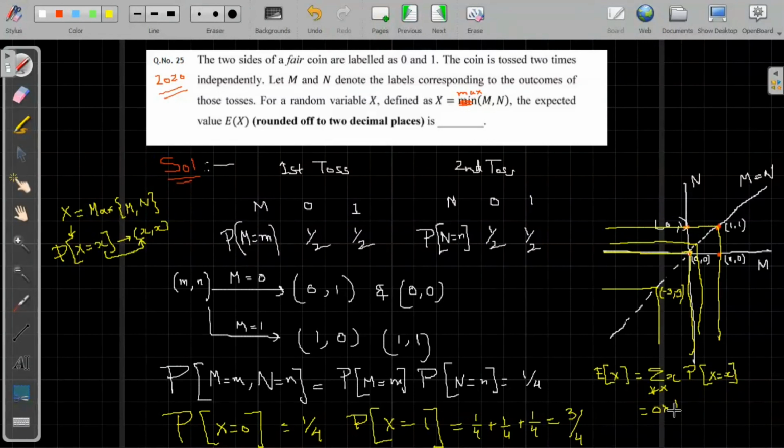So 0 into 1 by 4 plus x is 1 into its probability. So 1 into 3 by 4. So it will be 3 by 4. You can check it from the part 1 of this video solution that it is the same result that we obtained in previous part 1 video.